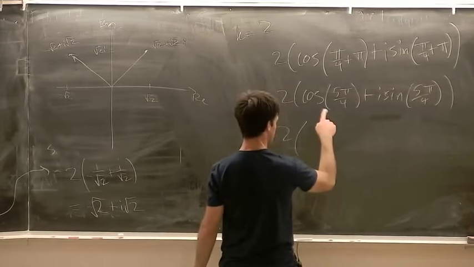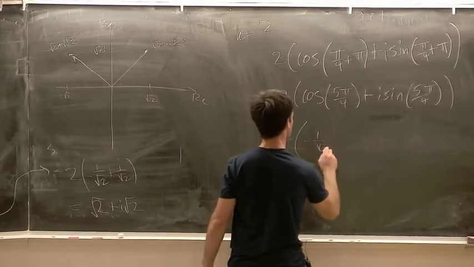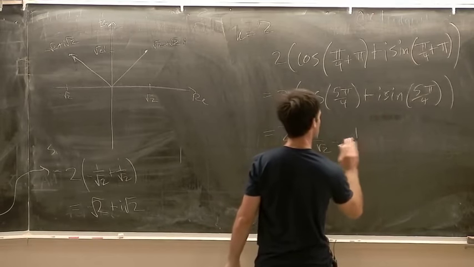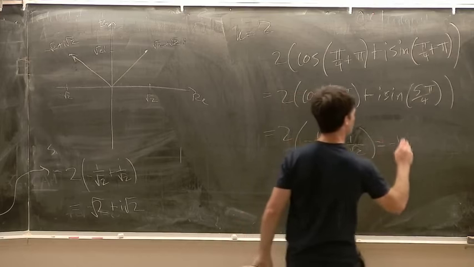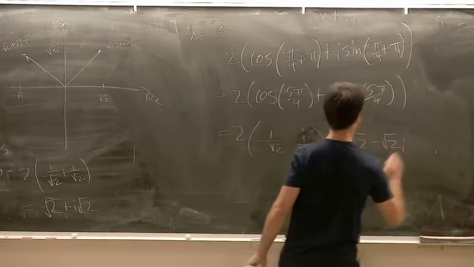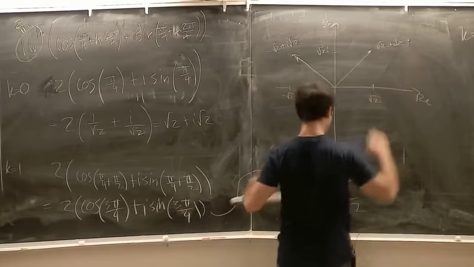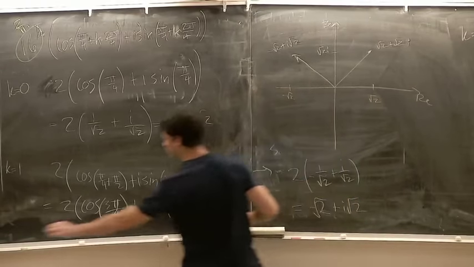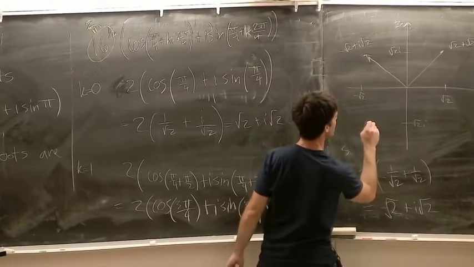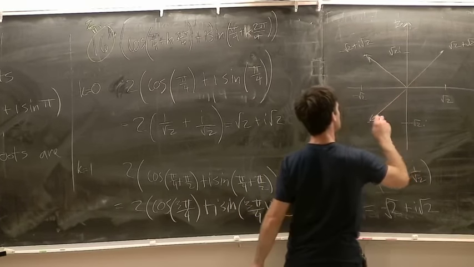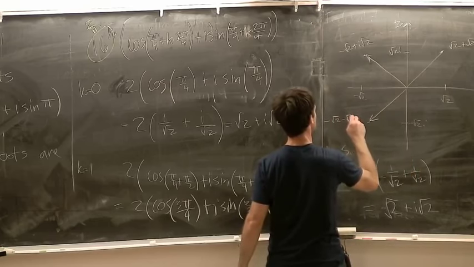That's 2 times, let's see, this is negative 1 over root 2, and this is also minus 1 over root 2. So again, negative root 2 minus root 2i, which is down here. So there's negative root 2 minus root 2i.